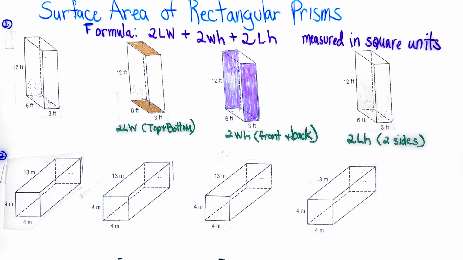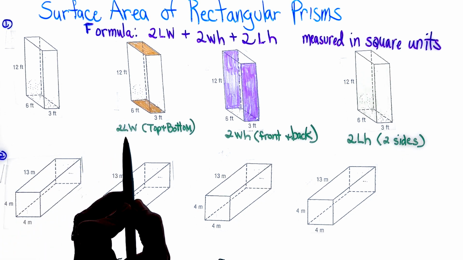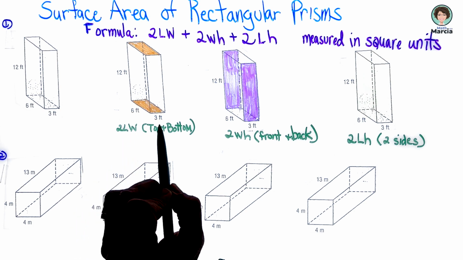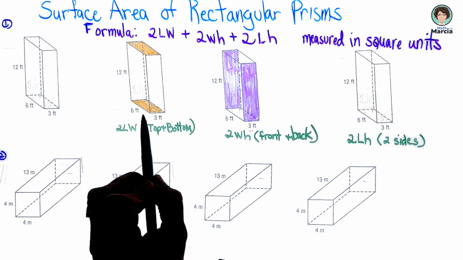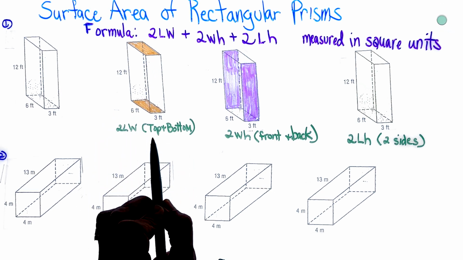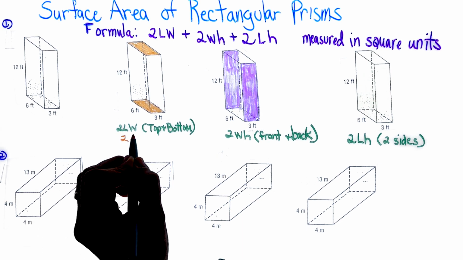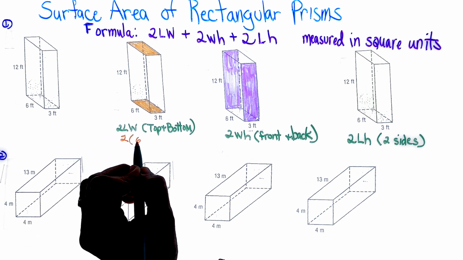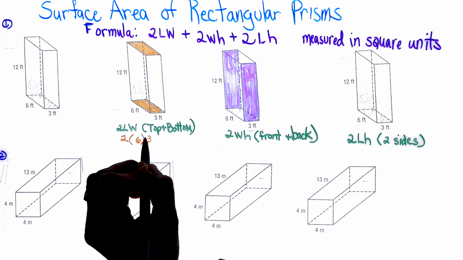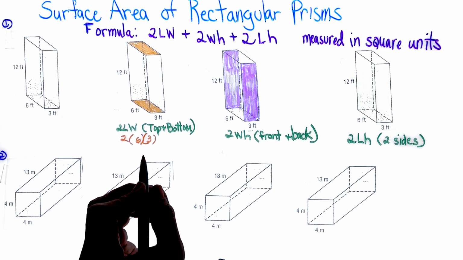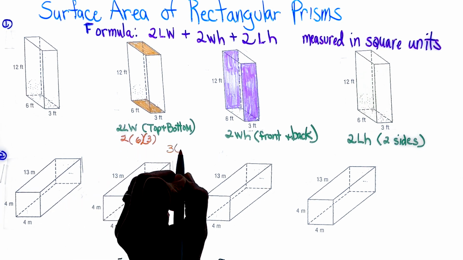And the reason I shaded them in is so that you're able to see that when we talk about the length times the width, it's really like saying the top and the bottom of your rectangular prism. So for that, we're going to be doing 2 times the length, 6, times the width, 3, and we will end up multiplying that together. And we know that 12 times 3 is 36.